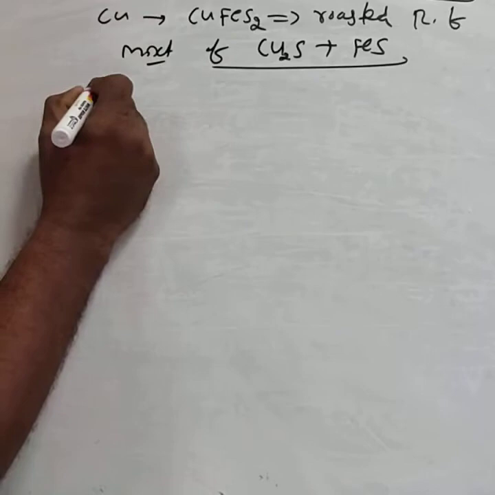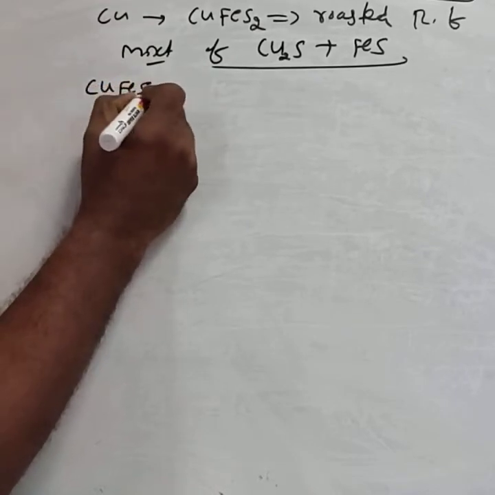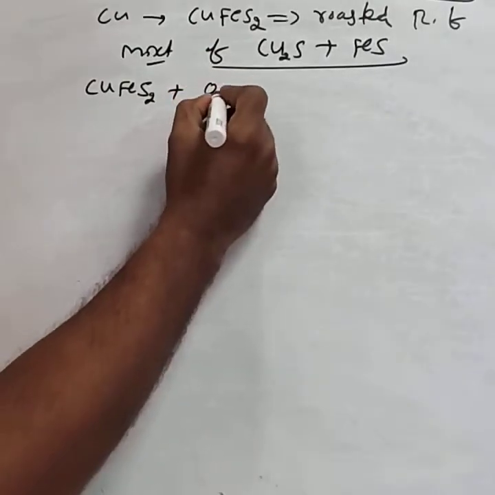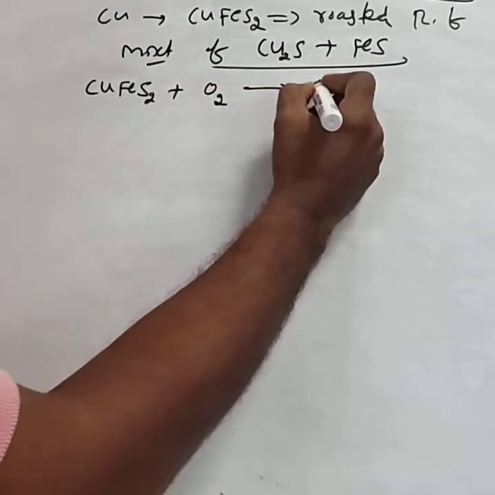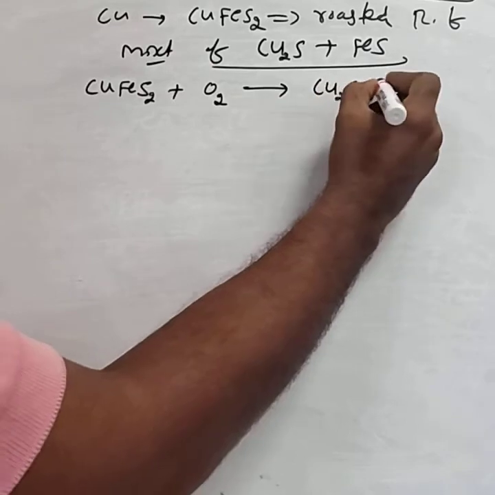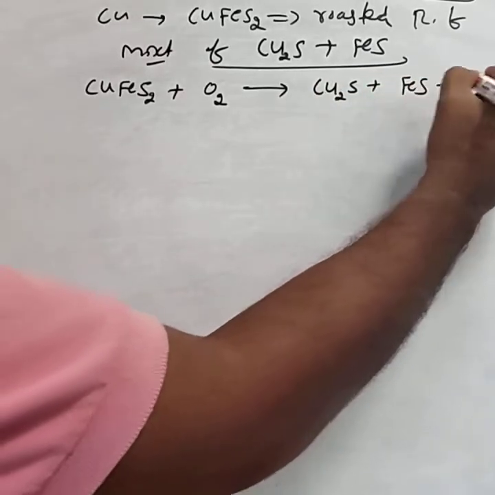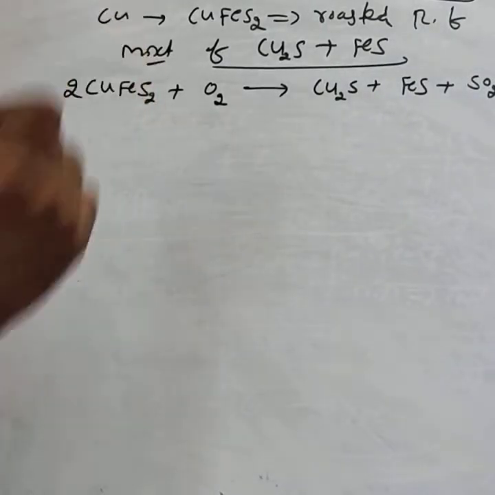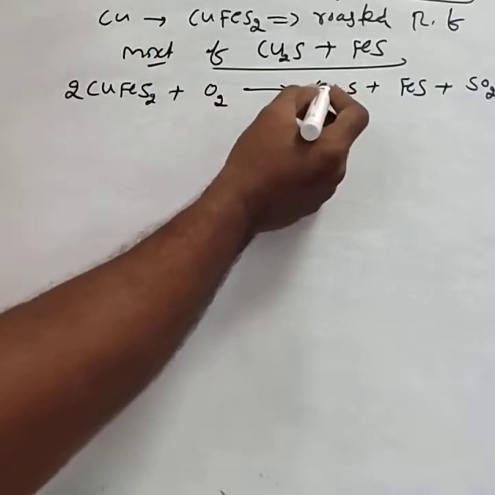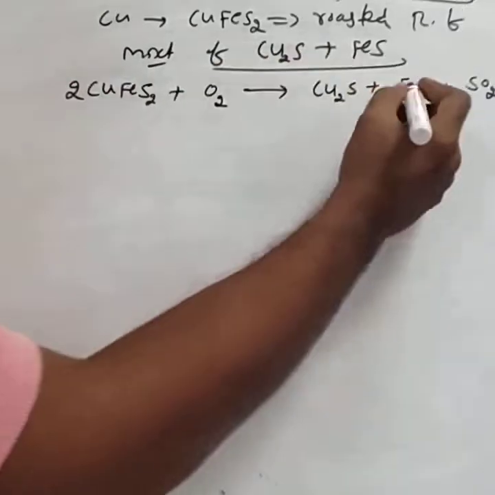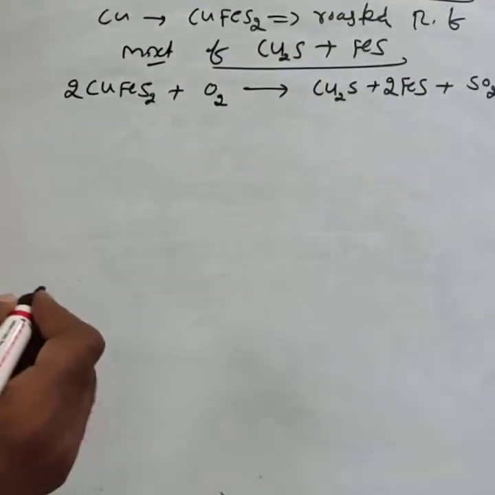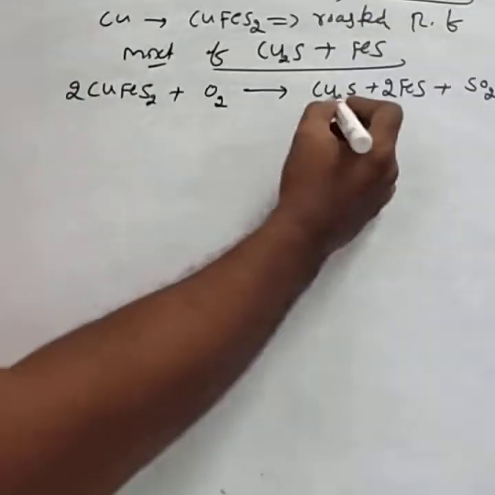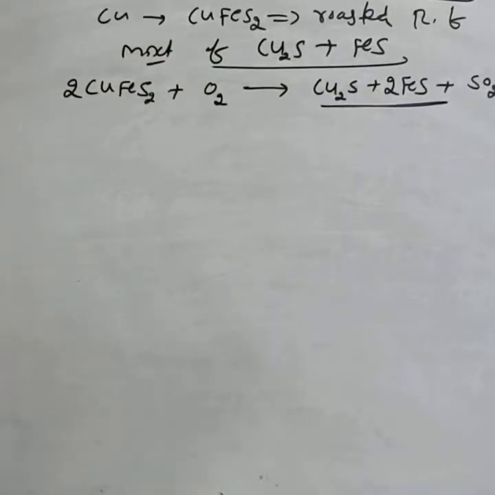The reaction is CuFeS2, roasting in the presence of air, forms Cu2S and FeS, liberating SO2. Balanced: 2CuFeS2 gives Cu2S, 2FeS, and SO2. This is the reaction by which Cu2S and FeS are formed.